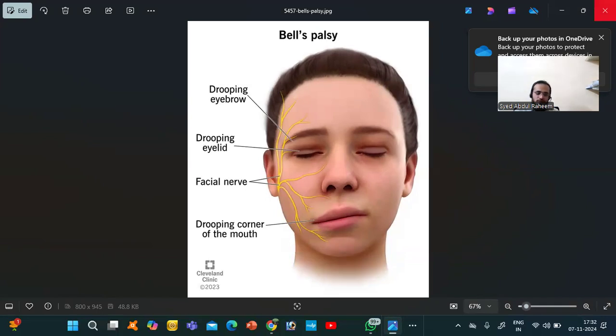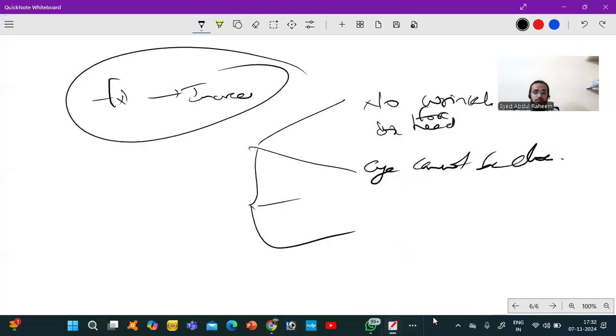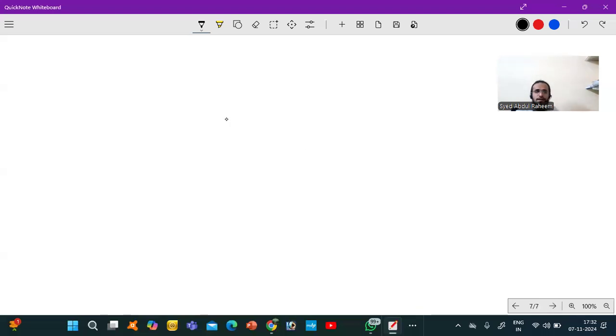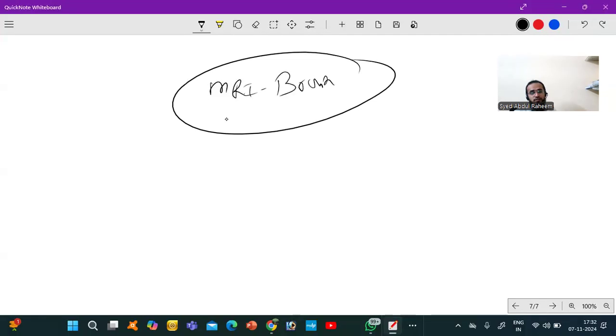Mostly these are the clinical signs. We can easily understand by seeing the patient. Sometimes we need tests, but most of the times we don't need them. If it is mostly high-end paralysis, you may need an MRI brain to see which part of the brain is affected.